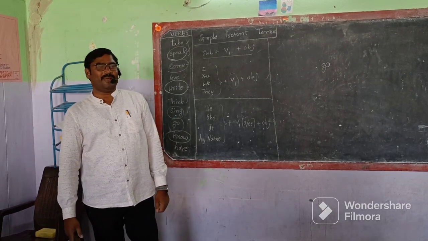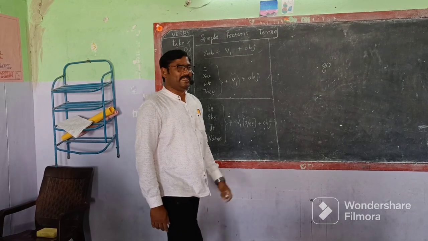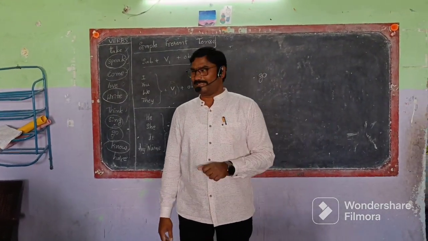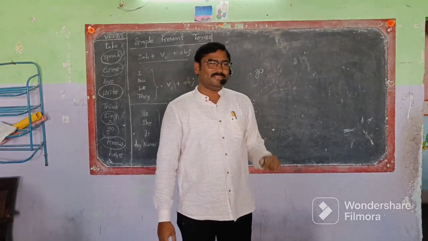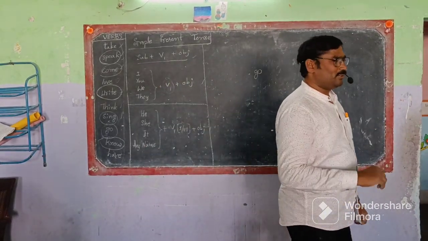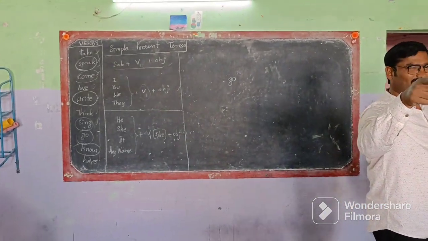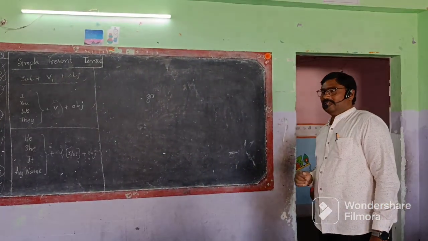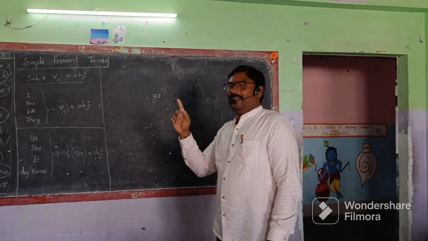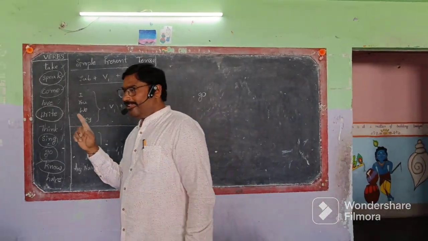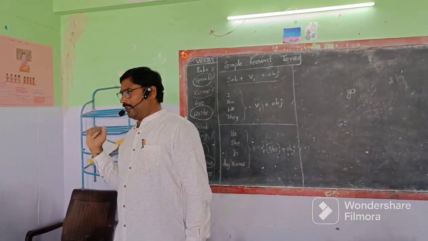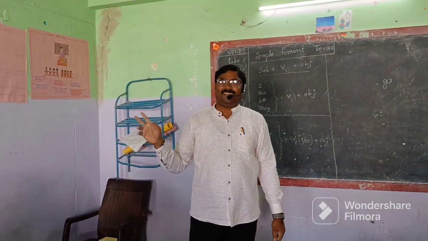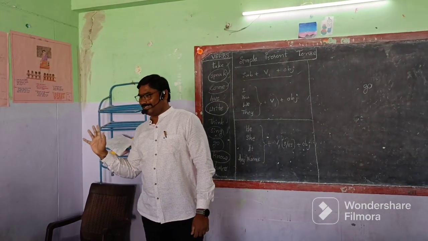Where is Golconda? Golconda is in Hyderabad. Still it is there, so we use present tense. That's a historical thing. Where is Kondareddy Burj? Kondareddy Burj is in Kurnool. Charminar, Qutub Minar, Taj Mahal.